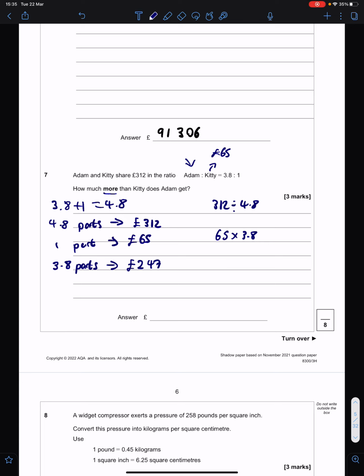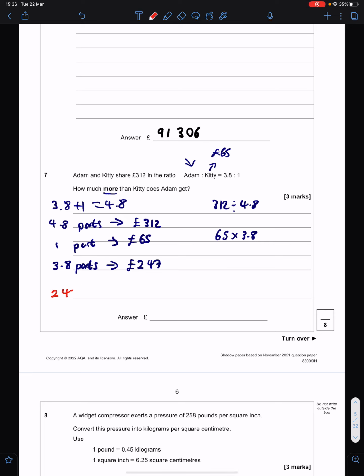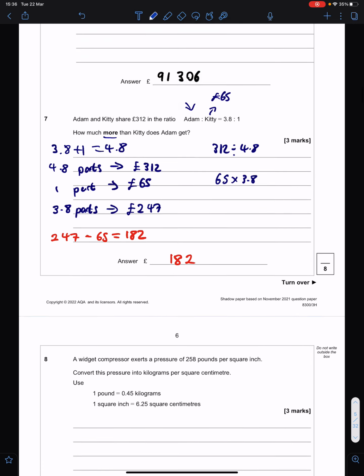So we need to work out the differences in those prices. So that's going to be 247 take away 65. Yep, I'm shamelessly using the calculator. The calculator's there. You better believe I'm going to use it. So it's 182 pounds more. And there we go. Okay.